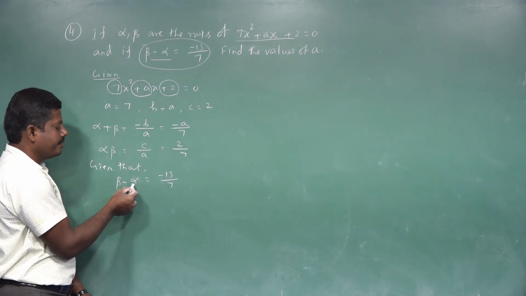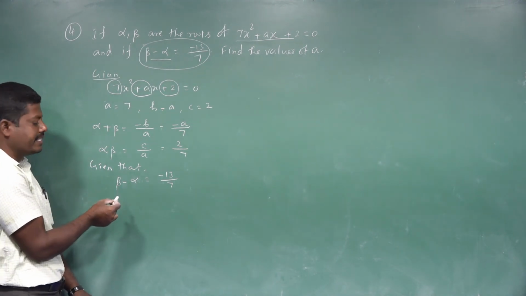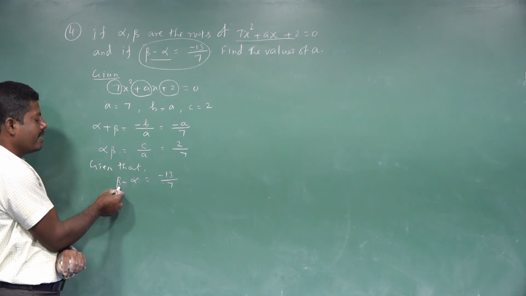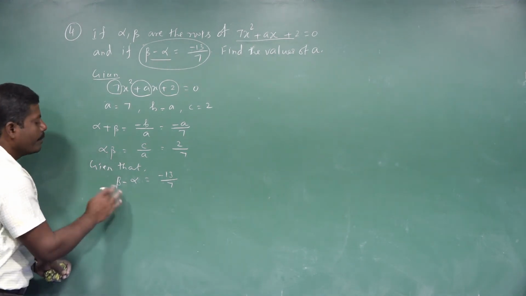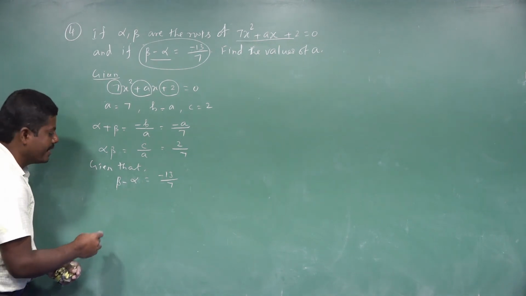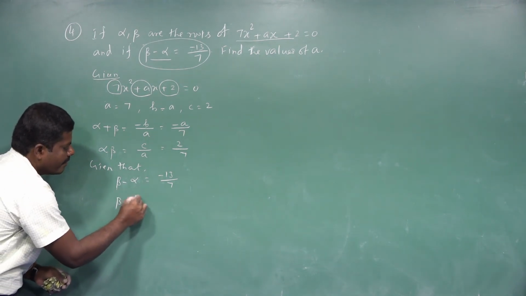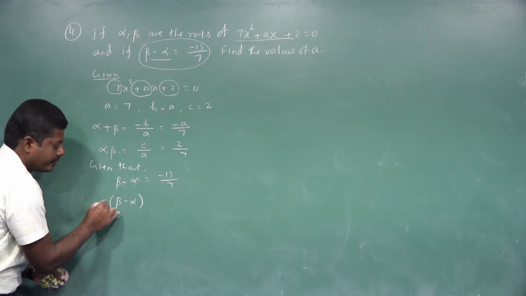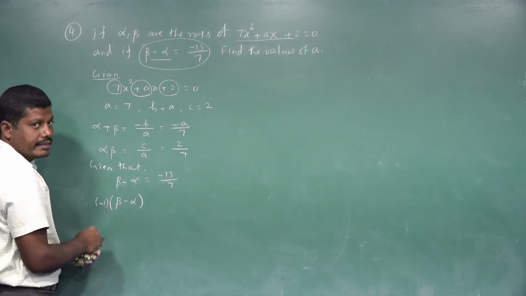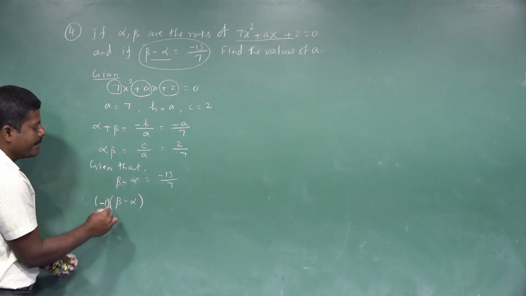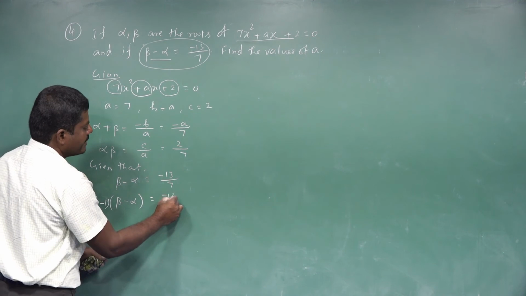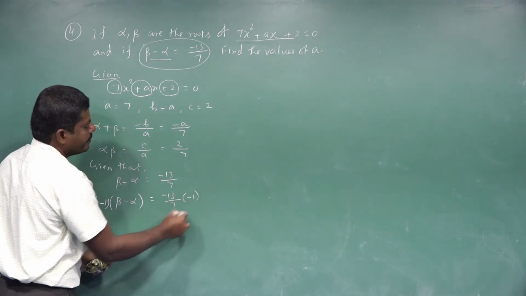Understand? Here minus 13 divided by 7 is there. For our convenience, alpha minus beta or alpha plus beta is better for us. So you multiply by minus 1 on both sides. Minus 1 multiplied by beta minus alpha is equal to minus 13 divided by 7 multiplied by minus 1.